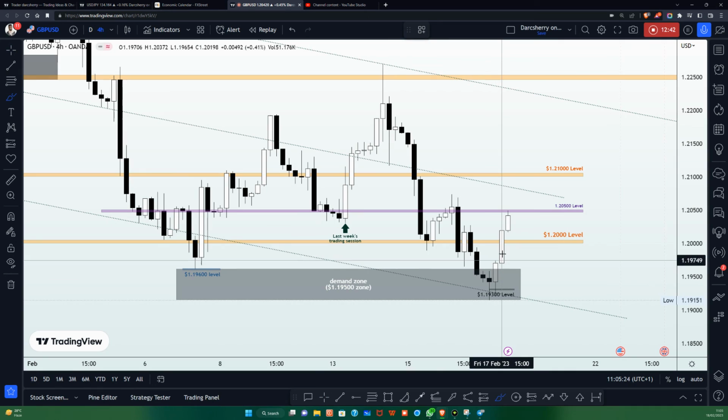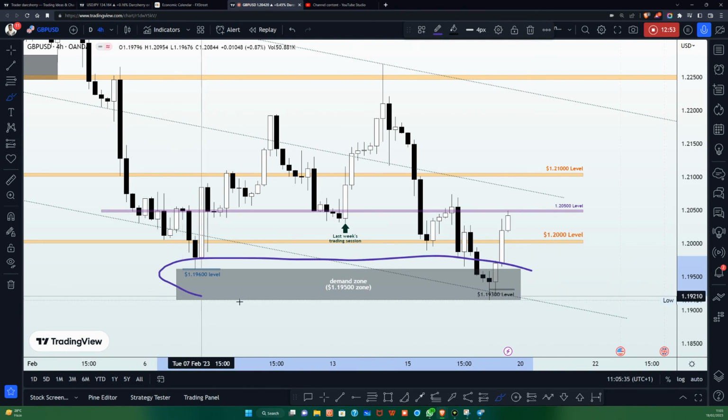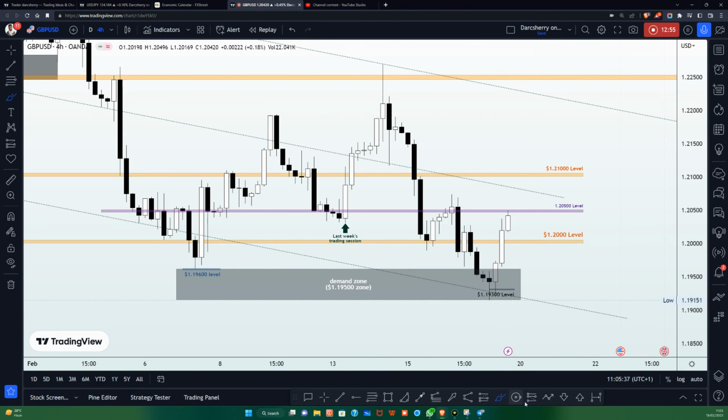However, if selling pressure resumes below this area, well, it is going to be very tricky to be joining the sell momentum from this area, considering the fact that we have a very strong demand zone around this area. So it depends on what happened at the beginning of the week and on the fundamentals for this week, which will determine if we will be joining a sell momentum at this area.